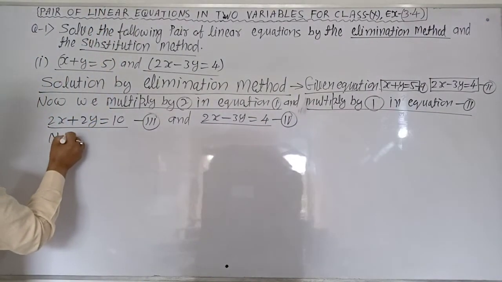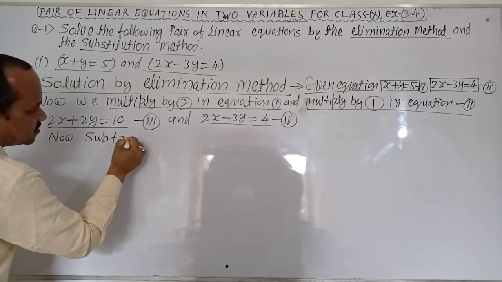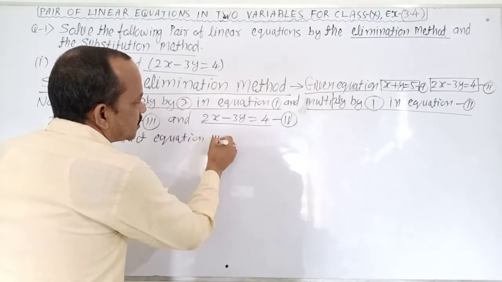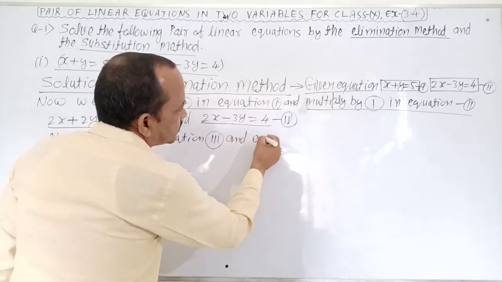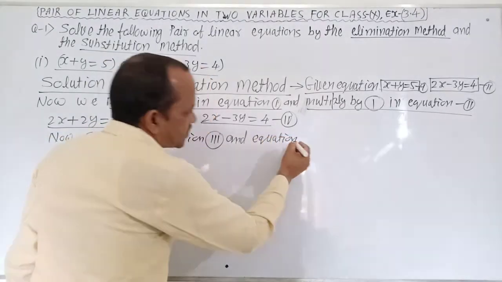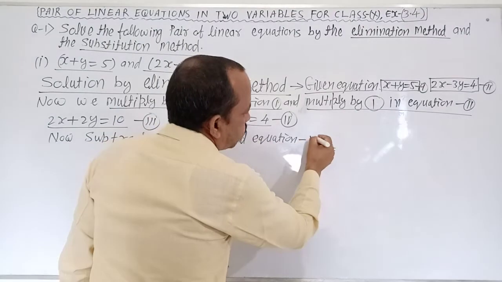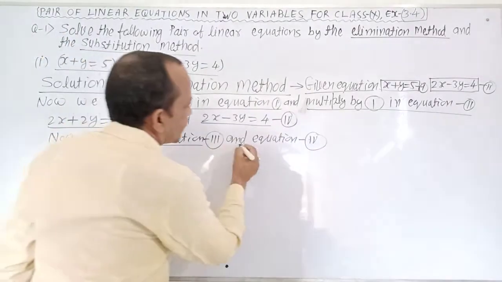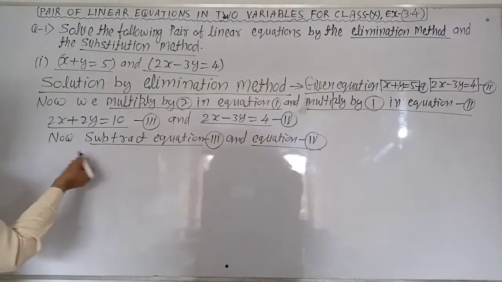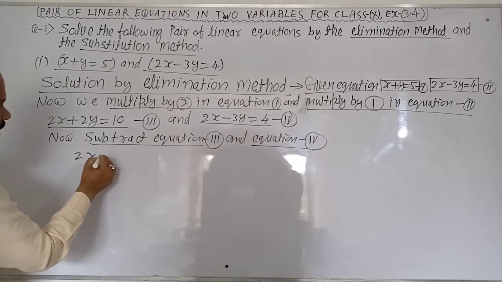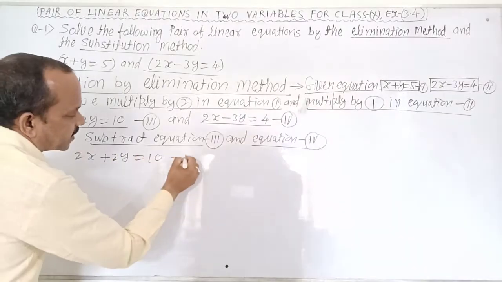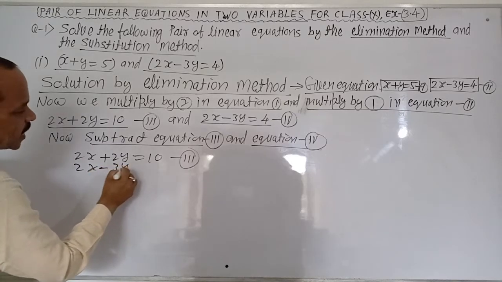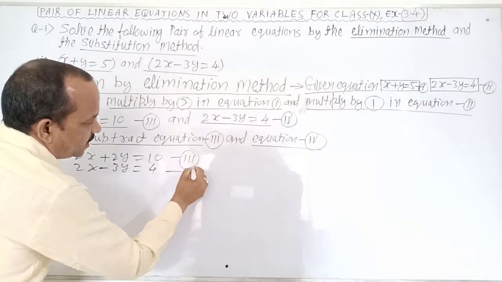Subtract equation third and equation fourth. 2x plus 2y equal to 10, equation third; 2x minus 3y equal to 4, equation fourth.